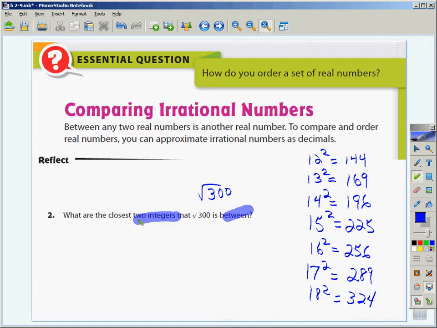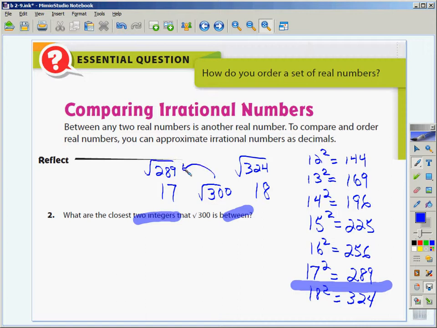Now, what it asked me was, between what two integers is the square root of 300? It's going to fit right in here somewhere, so it's between 17 and 18. Which is it closer to, just out of curiosity? 17.